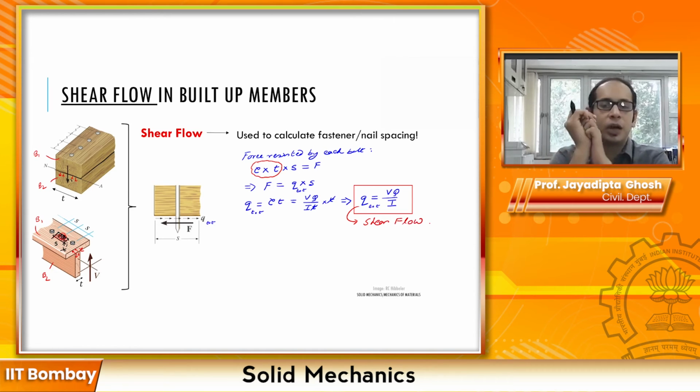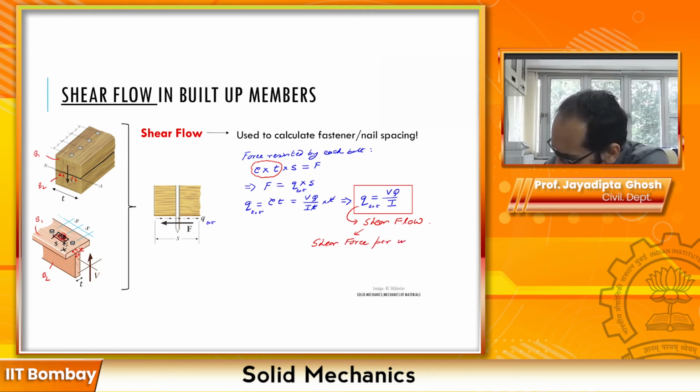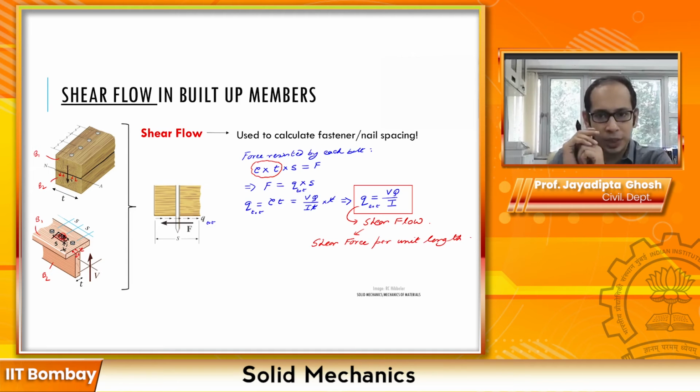So we now know what this q total is: VQ divided by I, that is the shear flow, or shear force per unit length.